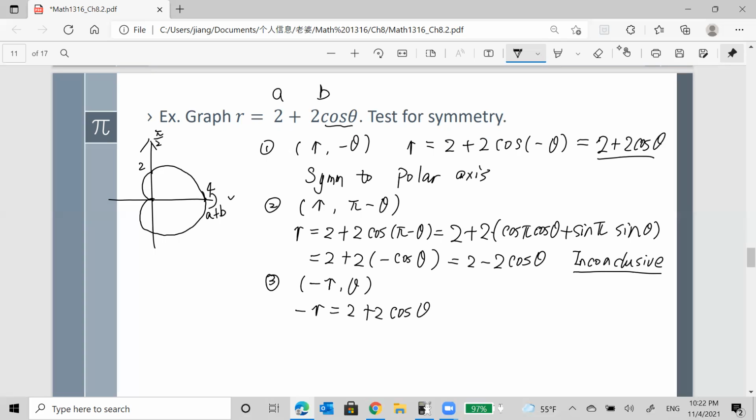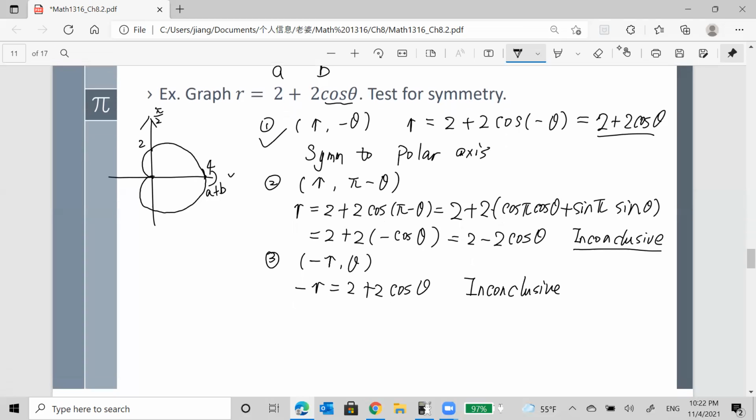So these two equations, they are different. That means inconclusive. So we tested the symmetry, and only the first test works: symmetric to the polar axis.